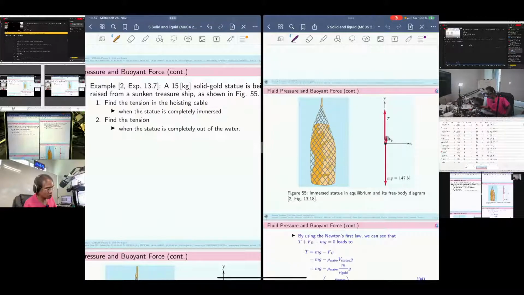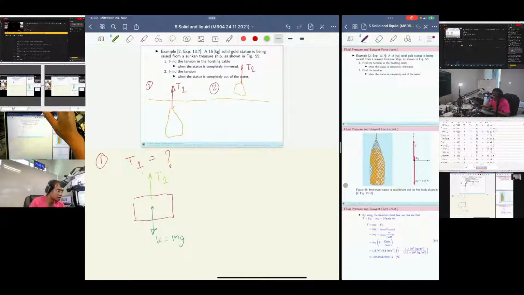Of course, in this situation, if we draw the free body diagram of this statue, let's say this is the mass, and we have W, which is mg, right here, and of course we have the lifting force caused by the hoisting cable. That's T1, right? And because this statue is still inside the liquid, which is seawater.